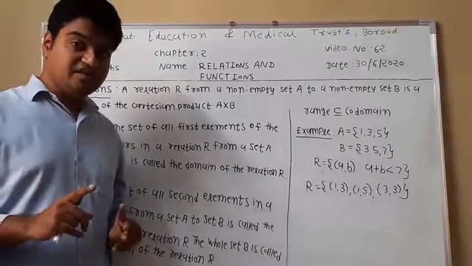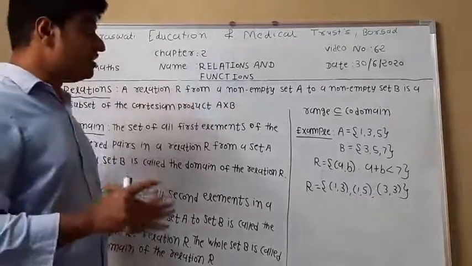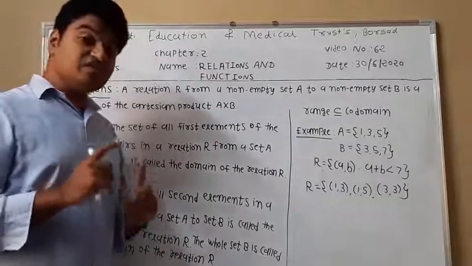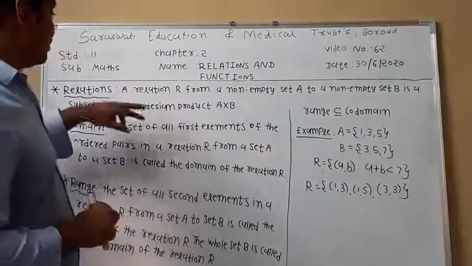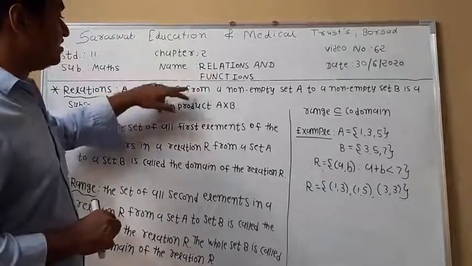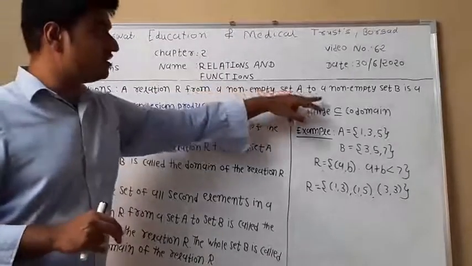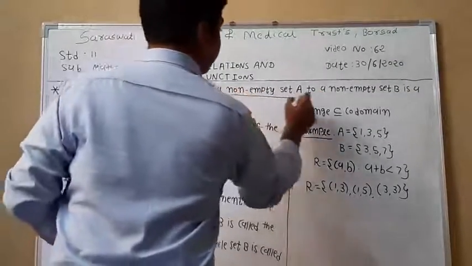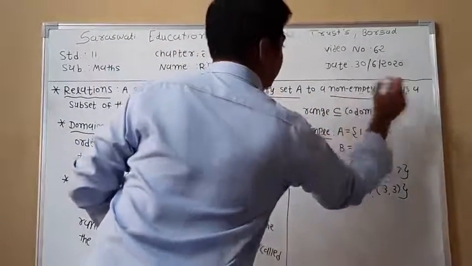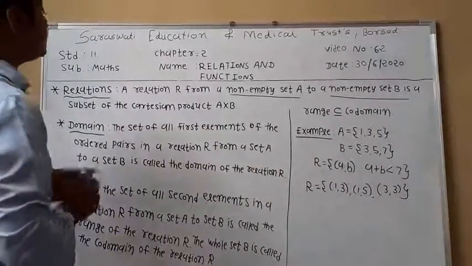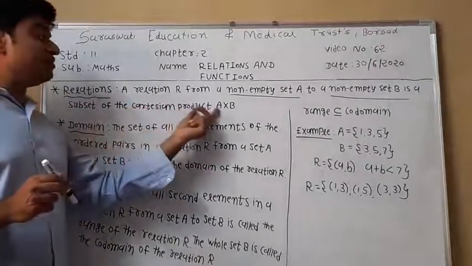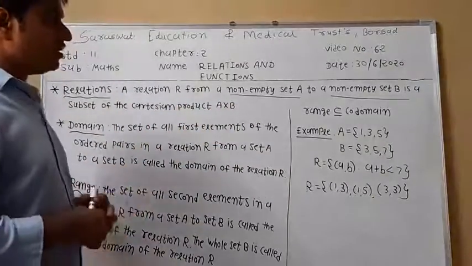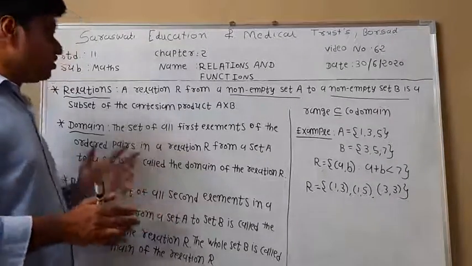That means in both sets at least one element is present, in set A as well as in set B. The condition is that the relation R is a subset of the Cartesian product A × B. We know how to find the Cartesian product, right?